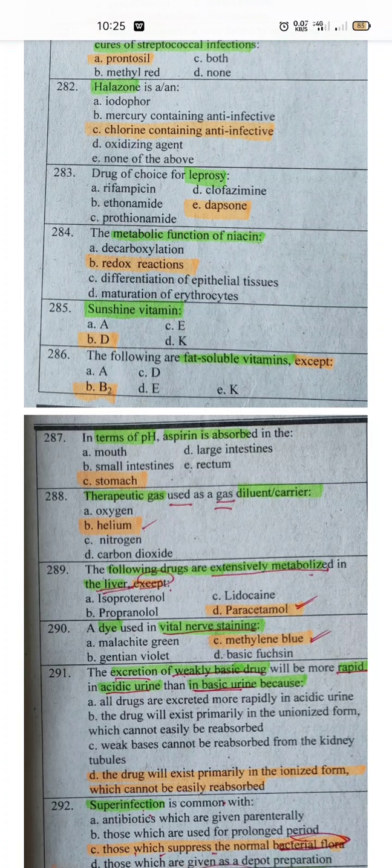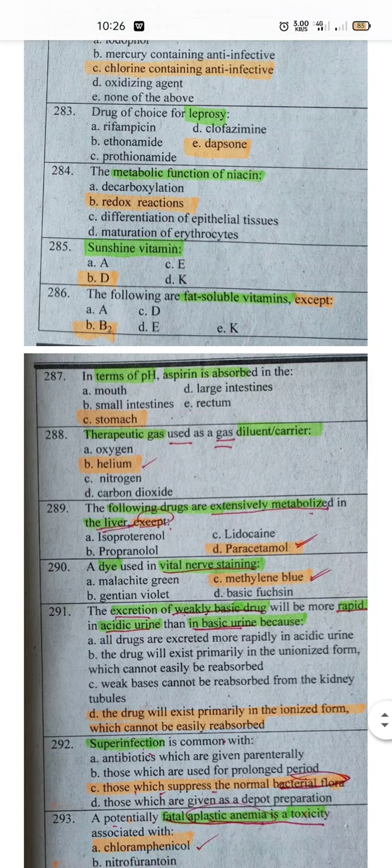So vitamin D is known as your sunshine vitamin. 286, the following are fat-soluble vitamins except your B2. Your ADEK are your fat-soluble vitamins. Your B2 is a water-soluble vitamin.